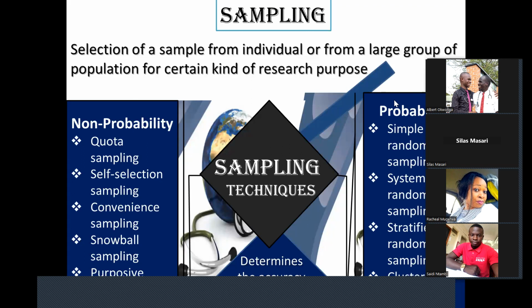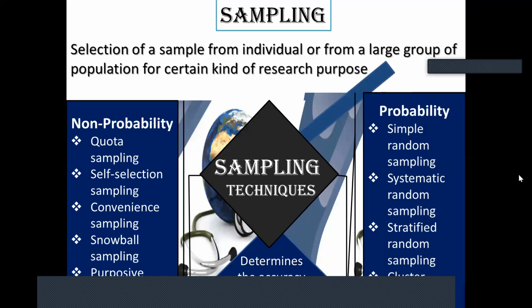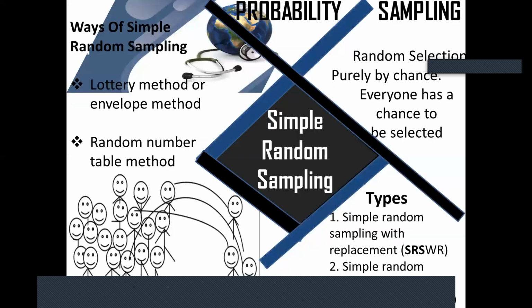So for probability sampling techniques, we have simple random sampling, systematic random sampling, stratified random sampling, and also cluster sampling techniques. So we are going to discuss the probability, and then at the end we shall discuss the non-probability, which include quota, self-selection, convenience, snowball, and purposive.